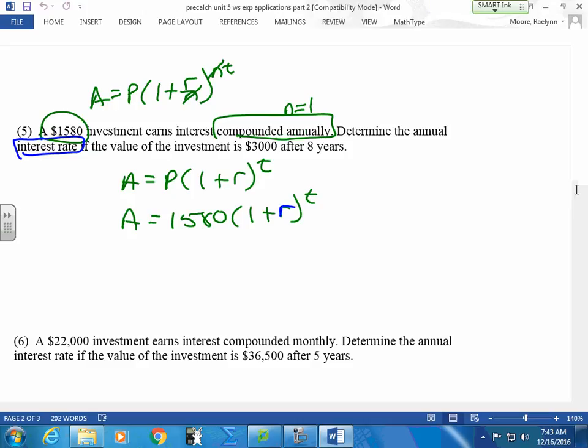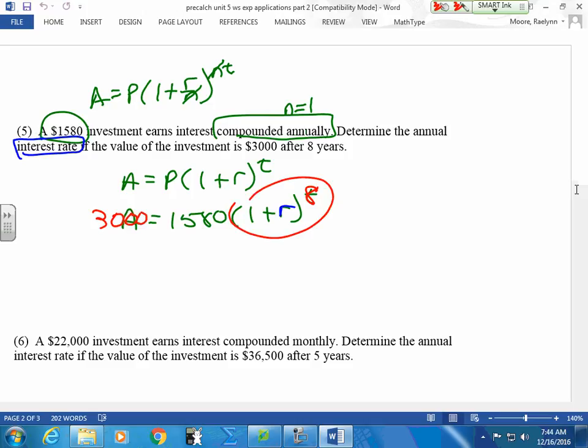If the value of the investment is $3,000, where does $3,000 go? Which variable? A. After 8 years, where does 8 go? T. Okay, now remember, this exponent goes with this.